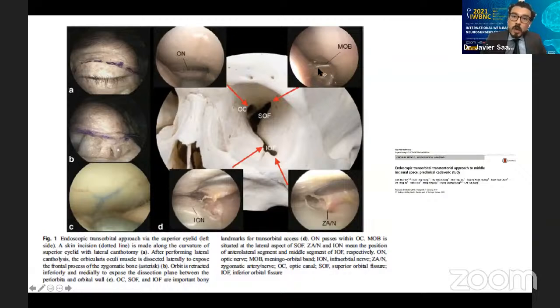You will find the meningo-orbital band, which we talked about before, separating the anterior fossa and the middle fossa. And you will find the infraorbital nerve and the zygomatic arteries and nerves, whose trajectory is lateral and inferior.